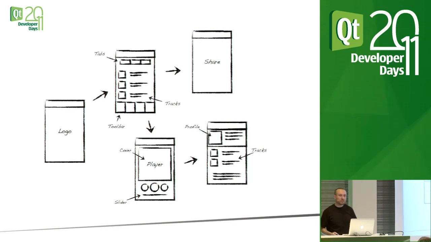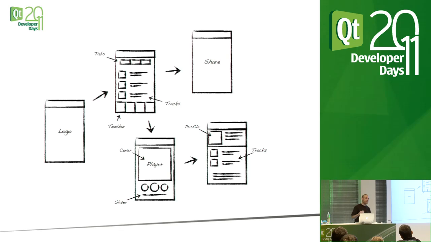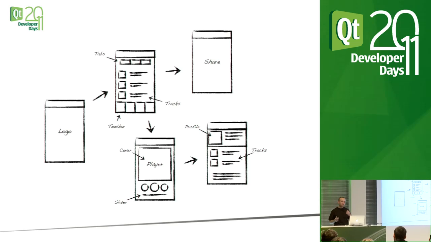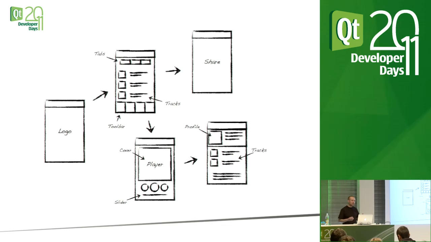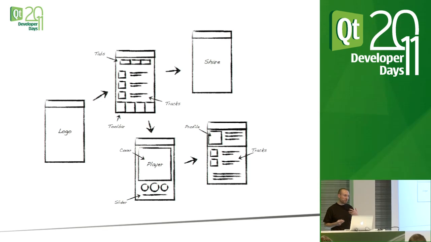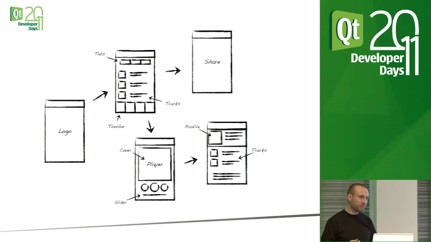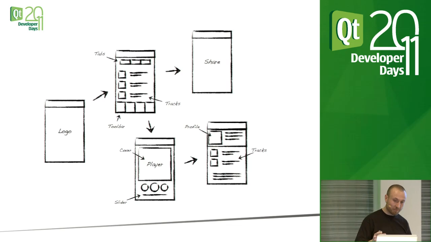So what I'm going to show you now is the flow, the approach we had when we were starting out developing this application. The first thing we do is sit down and sketch out the UI structure. In other projects, you would probably get this handed from a UI designer, or somebody just sketching out the concept on a napkin or something like that.